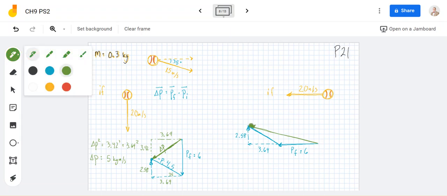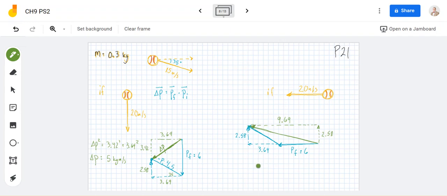Let's make a rectangle again. So the up is 2.58, because it matches that. The horizontal this time is 3.69 and 6, so this is 6, nope, 9. 9.69.